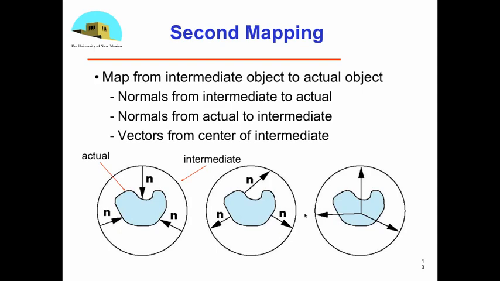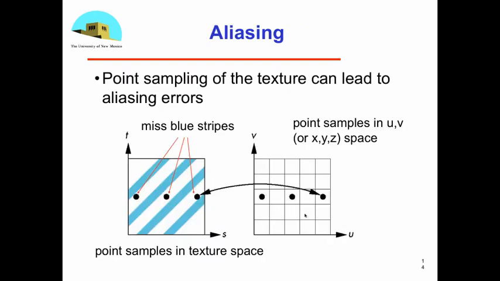Now, the next issue is what happens because everything's really discrete. And here's one example of that, where we're doing what's called point sampling, somewhere in how you go from XYZ space to texture space. Let's not worry about which method we're using, but the problem here is that because you're doing point sampling, for every point on the object there's exactly one point over here.